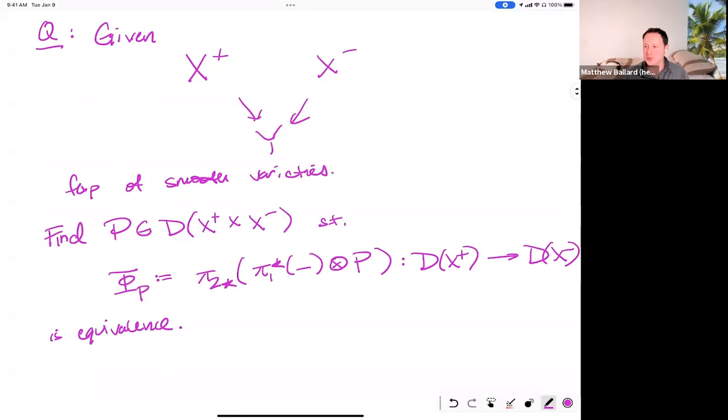And the language I'll use for such a thing is to call such a thing a kernel.